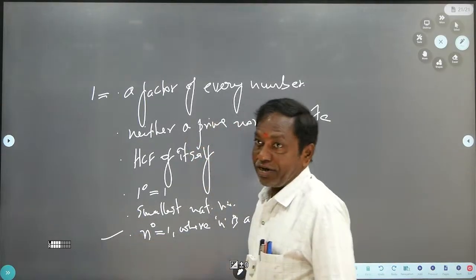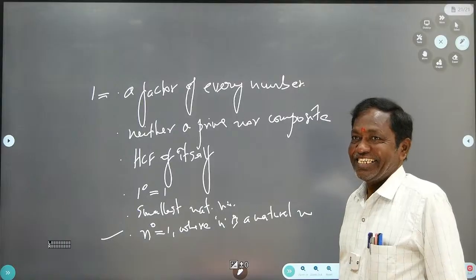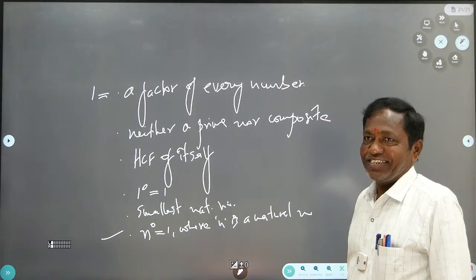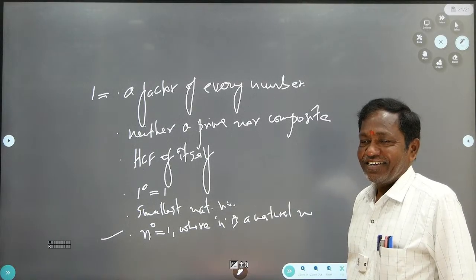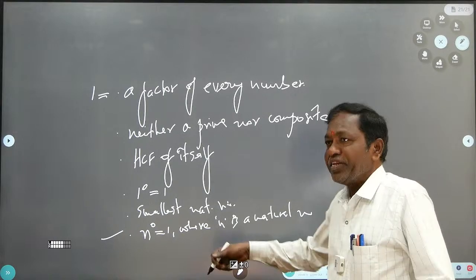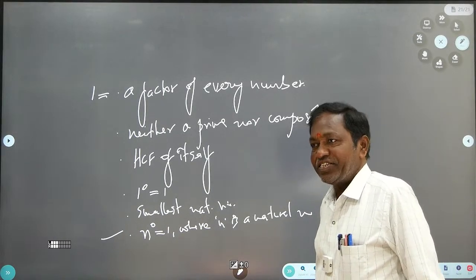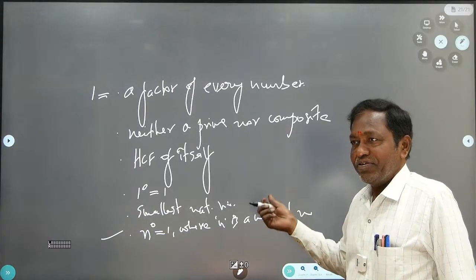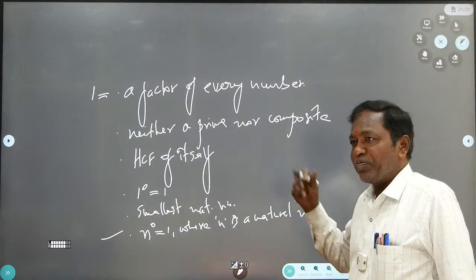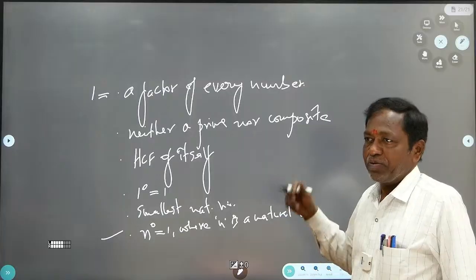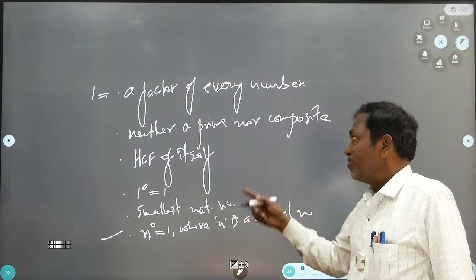This is where questions are asked. 1 to the power of 0, 2 to the power of 0, 3 to the power of 0, 4 to the power of 0, and so on. Always 1 is the value.